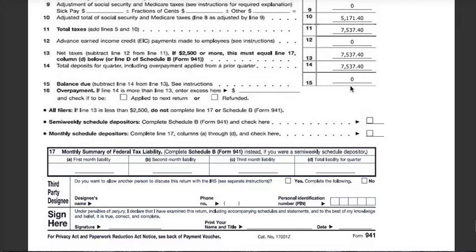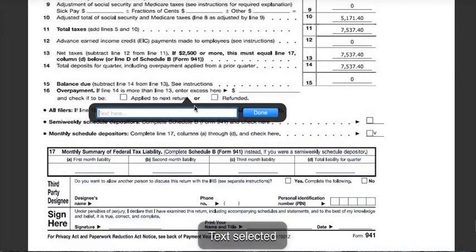All right, so now we're moving on down to the bottom portion that we need to do. We are going to be monthly schedulers, so we're going to put a check mark there, and we need to go through and complete these transactions down here. So now here comes a little bit of a tricky part. For my first month, let me get a little text box here so I can show you what I'm doing.